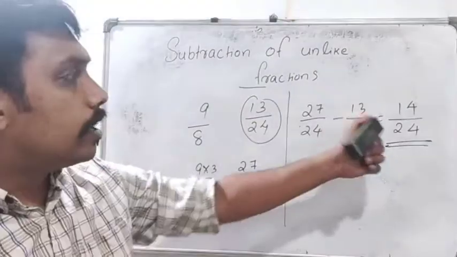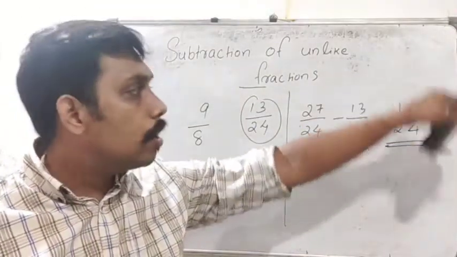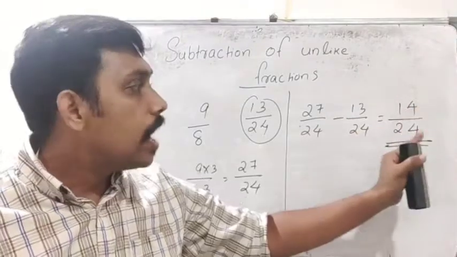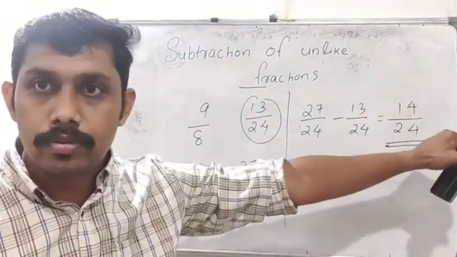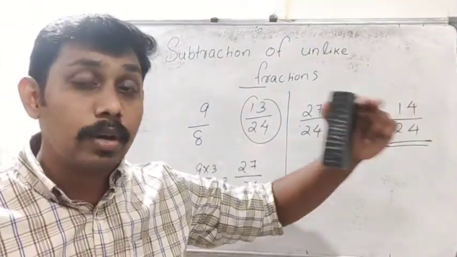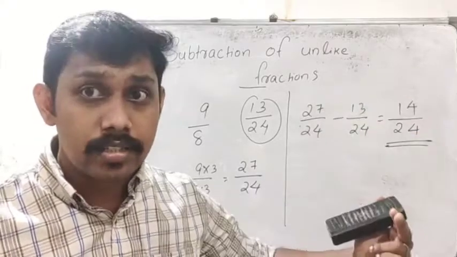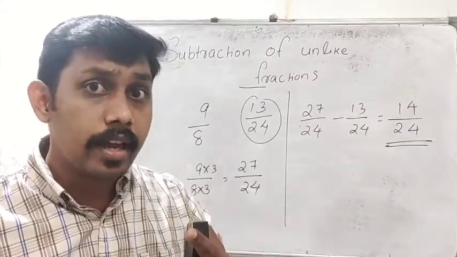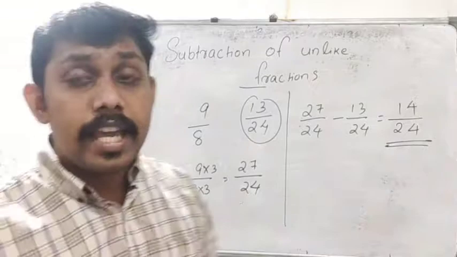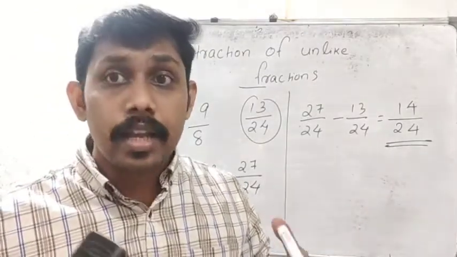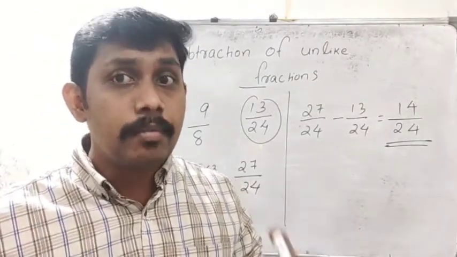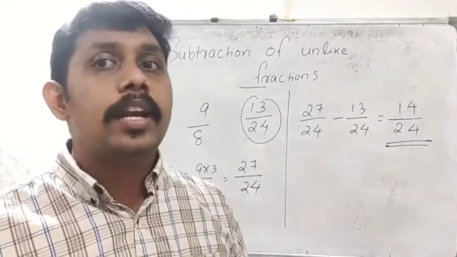Now we can simplify this answer into what? We can take the half of 14 and also the half of 24. That is called equivalent fractions. We have already discussed that. Equivalent fractions means multiply the numerator and denominator by the same number, and also we can divide the numerator and denominator by the same number.